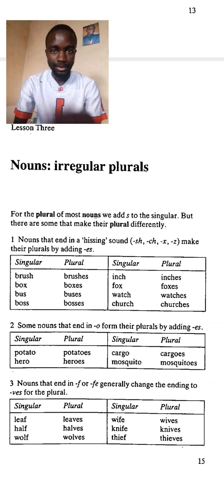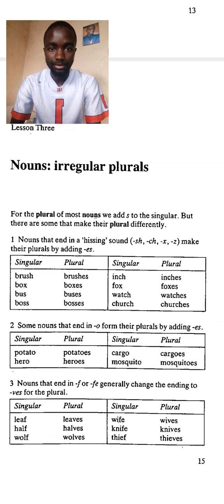Now, let us read the author's explanation. He said, for the plural of most nouns, we add S to the singular. But there are some that make their plural differently.